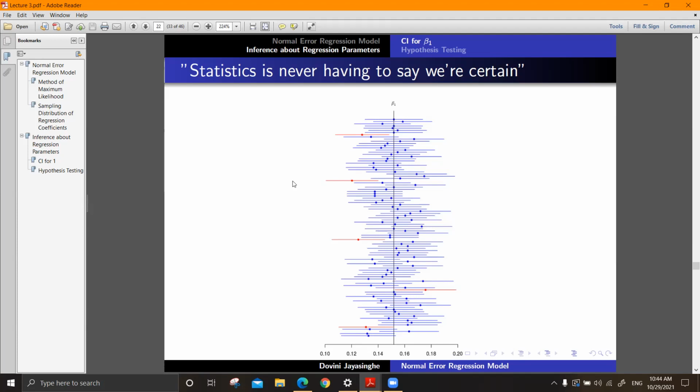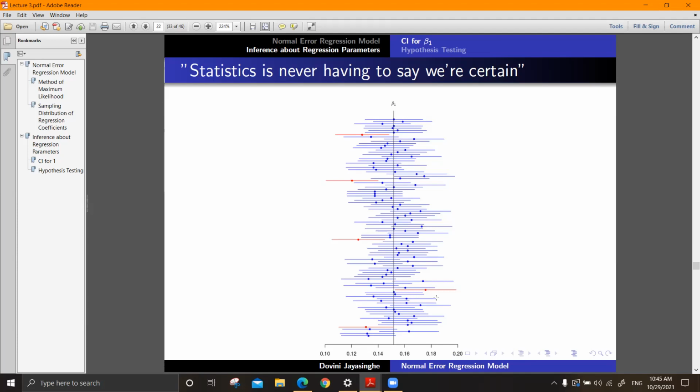If you look at this, all these red lines are out of bounds. This is the population parameter value. These are the confidence intervals constructed for this. All these blue confidence intervals contain the parameter. These red ones do not contain the parameter. What do you mean by 95% confidence?